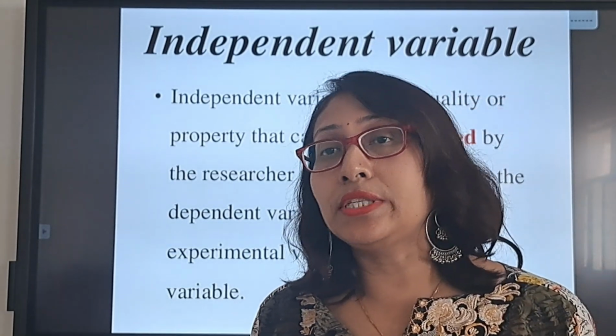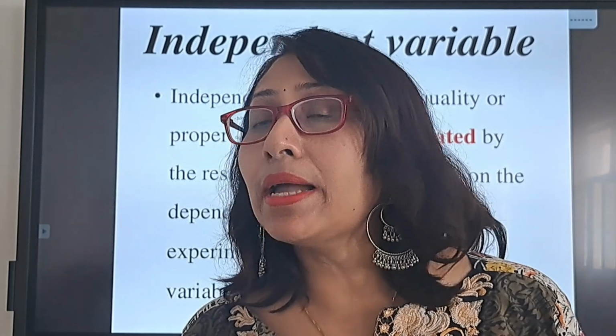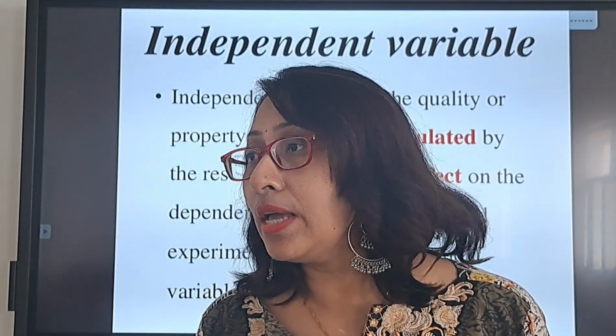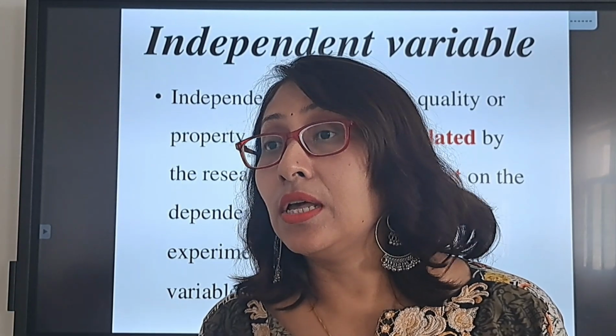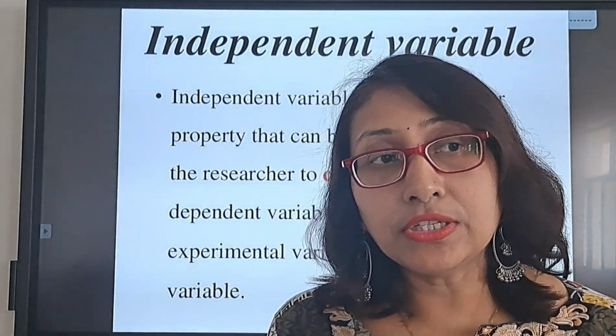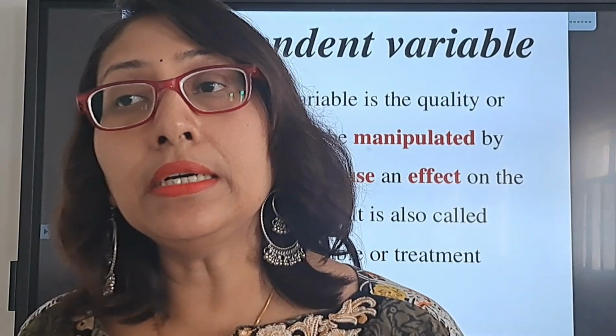Like we have two groups, the experimental group and the control group. To the experimental group we have given the intervention, and for the control group we have not given any intervention. That is how we are controlling the independent variable, the execution of the intervention in either the experimental group or the control group.